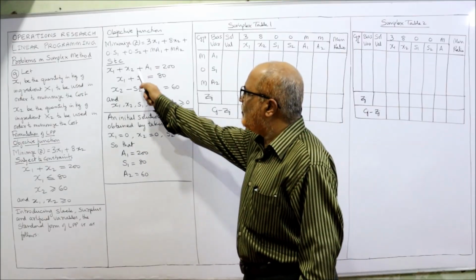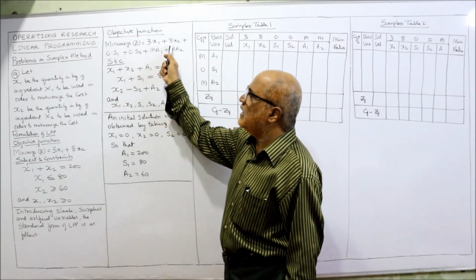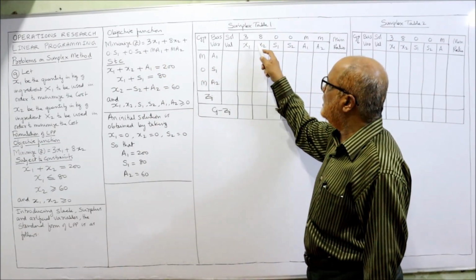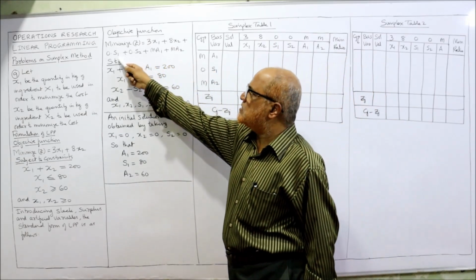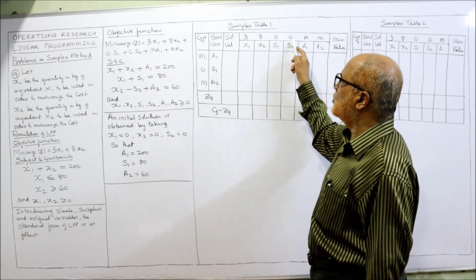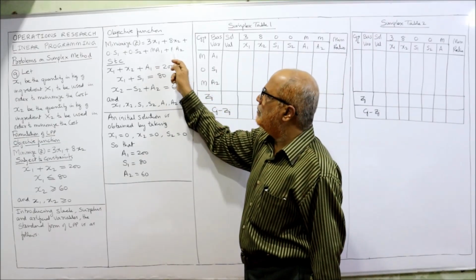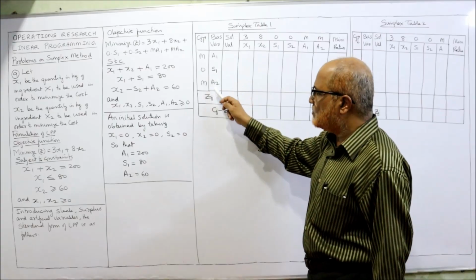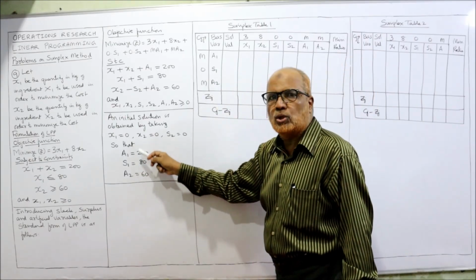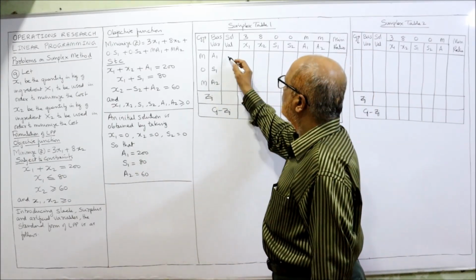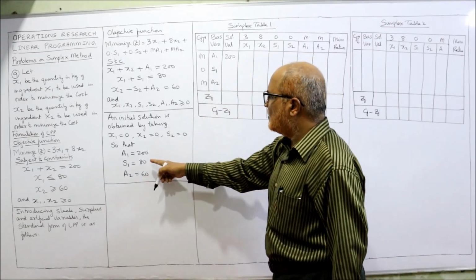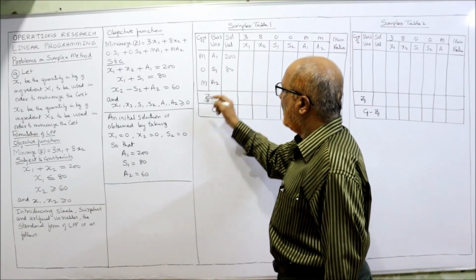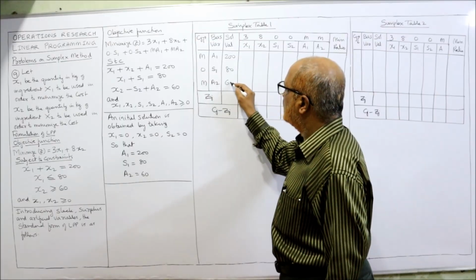What are the coefficients of the objective function? 3x1, 8x2, so x1 is 3, x2 is 8. s1 and s2 are 0. a1 is M, a2 is M. Here we are taking a1, s1 and a2 as the basic solution. So a1 is 200, s1 is 80 and a2 is 60.